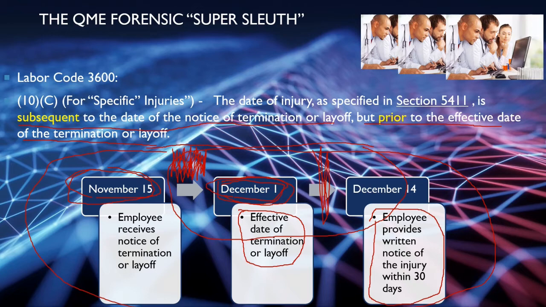And this section, Labor Code 10C, has to do with specific injuries, and because it's specific to specific injuries, and because of the narrow window involved for the injury and the reporting of the injury, this is a scenario that you're not going to see a whole lot of.